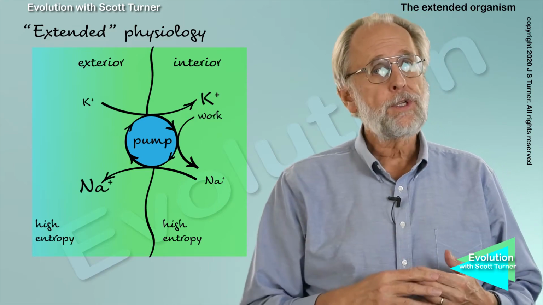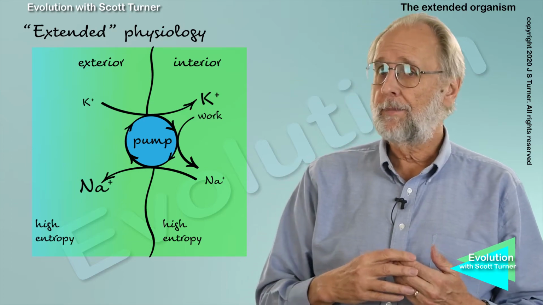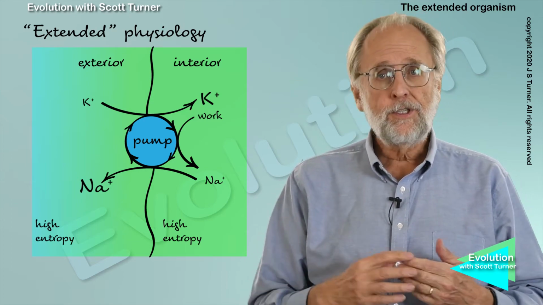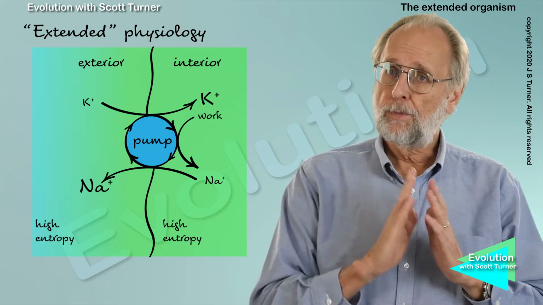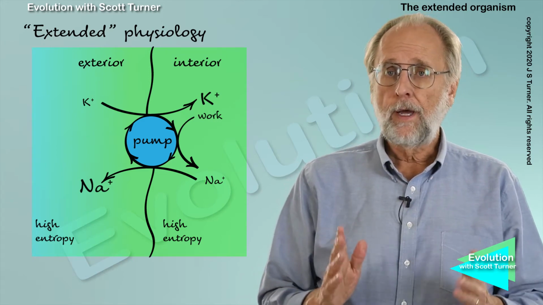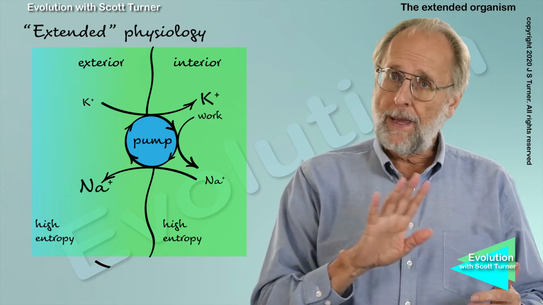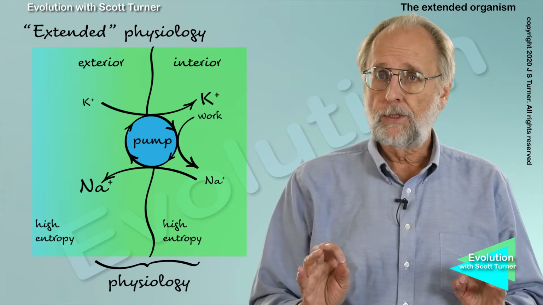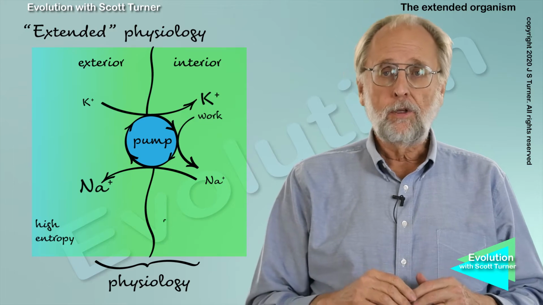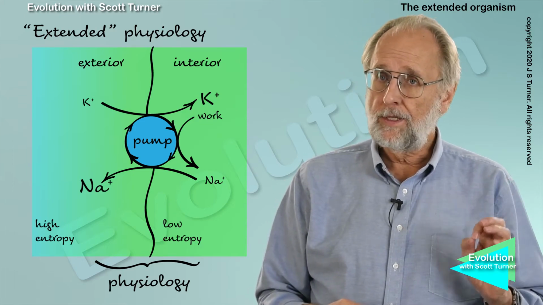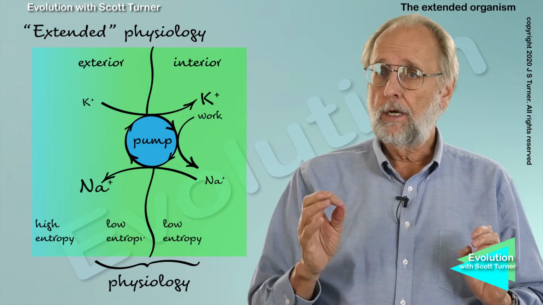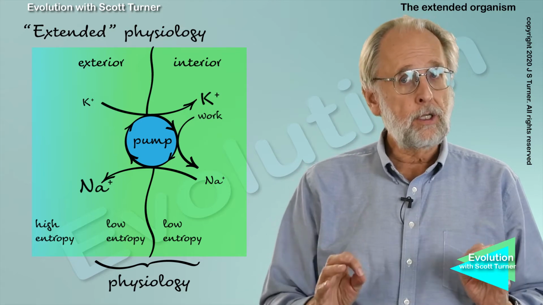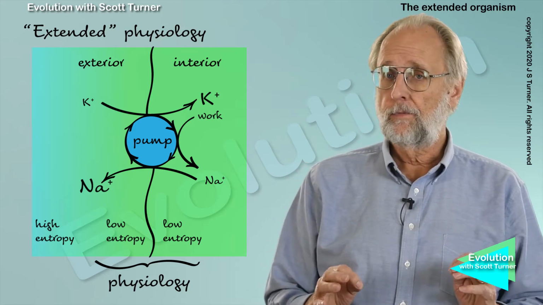This underscores an important point about adaptive boundaries. The physiological function does not just partition environments, rather the physiological function spans the adaptive boundary, altering the environment on both sides. Specifically, the low entropy that develops within the cell is mirrored by a low entropy environment that develops outside the cell as well.